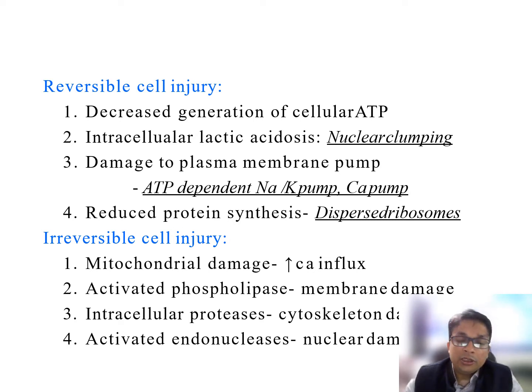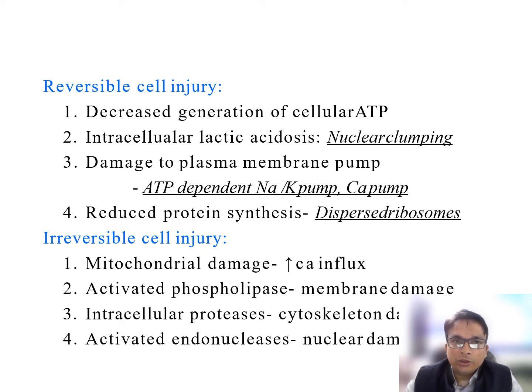A reversible cell injury occurs because of a decrease in the generation of ATP molecules. ATP, which is known as adenosine triphosphate, is actually a source of energy, a source of stimulation by which cells perform their function.